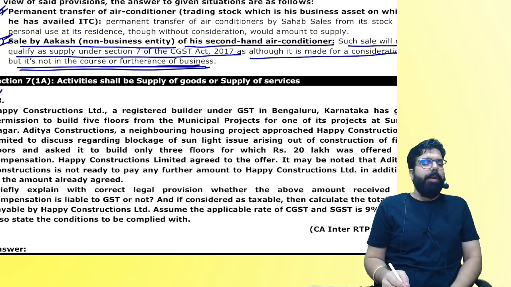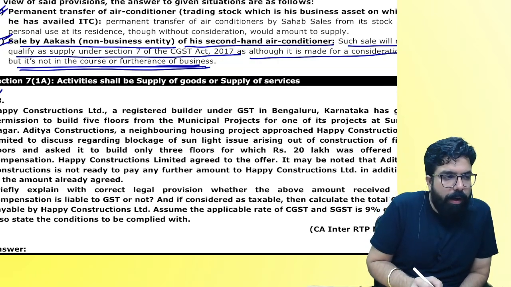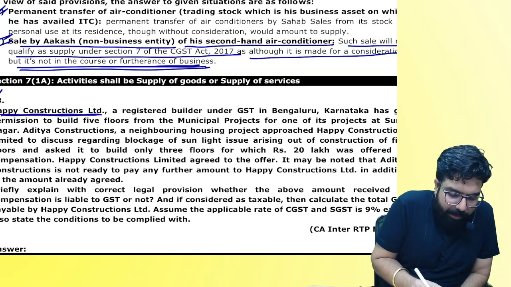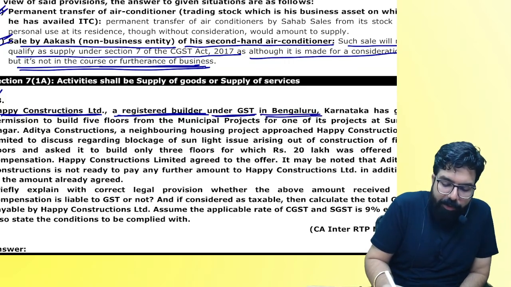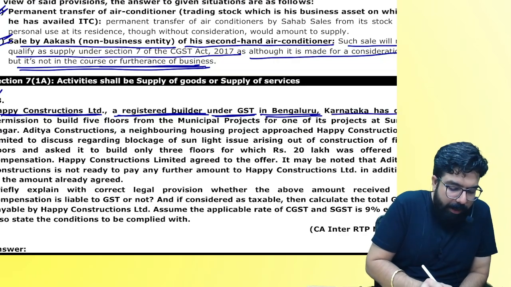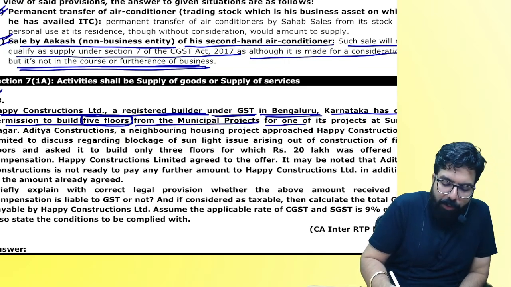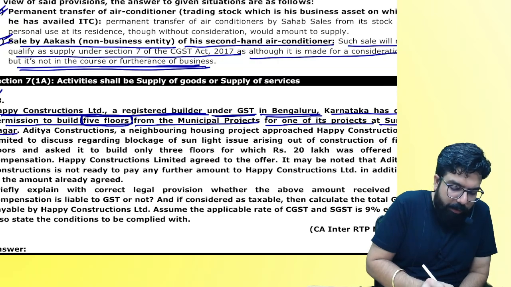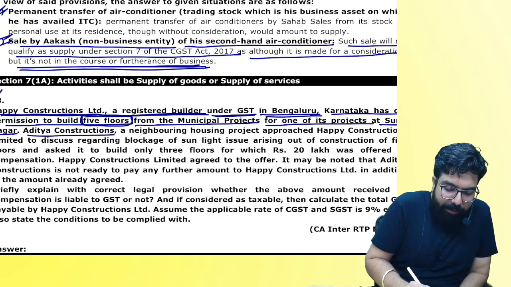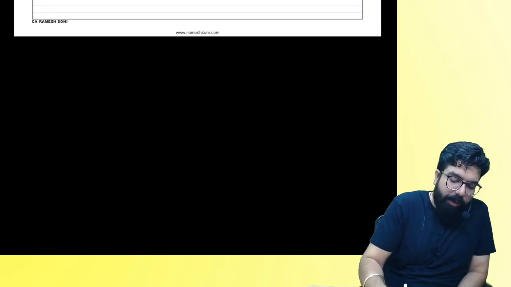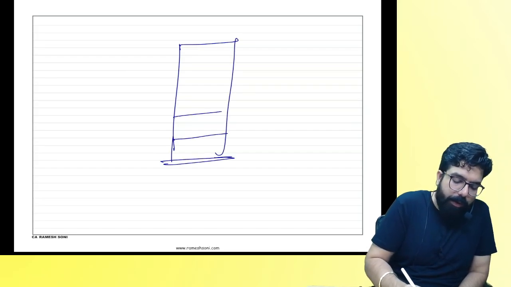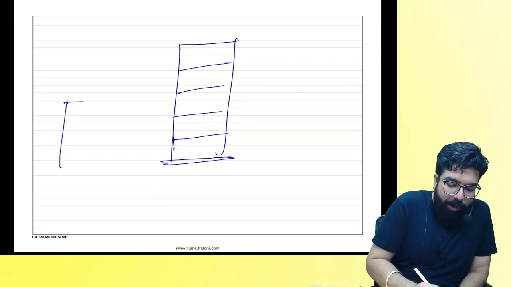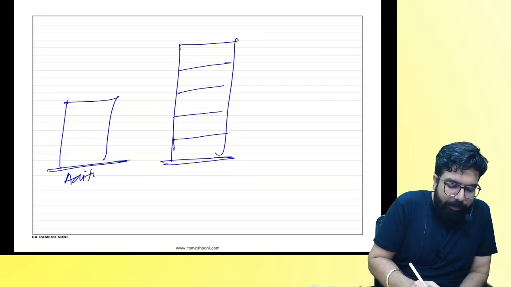It says, Happy Construction, a registered builder, is doing a project in Bangalore, Karnataka, and has got permission to build how many floors from the municipal authority for one of its projects at Surat Nagar. People, Happy Construction is doing what, everyone? It is going to make a building. How many floors? 3, 4, 5. And who is there besides? Aditya.